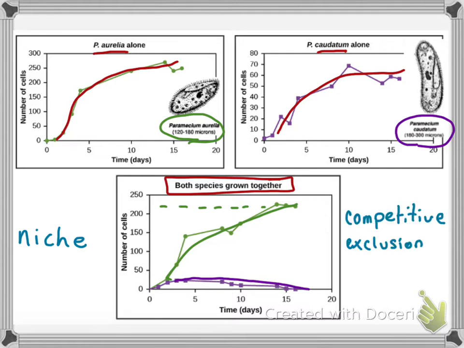If the resources cannot support both populations, then lower fecundity, or natural ability to produce offspring, and lower survival will result in at least one of the species being eliminated in that role in the ecosystem. And in that case, it happened to be our P. caudatum. And this means that interspecific competition has the potential to alter populations, communities, and evolution of interacting species.